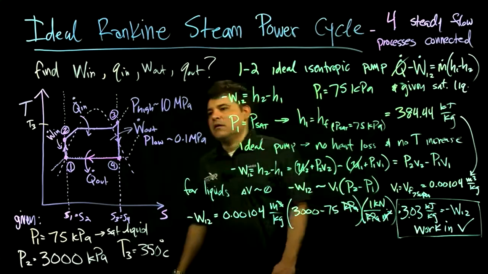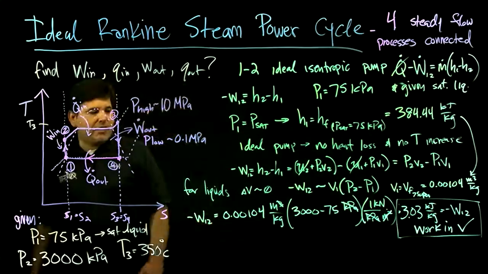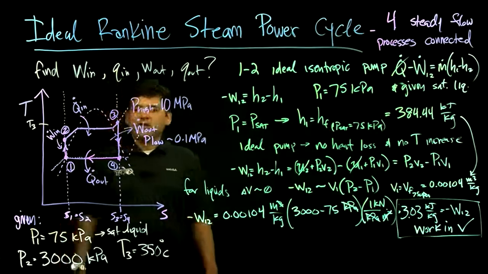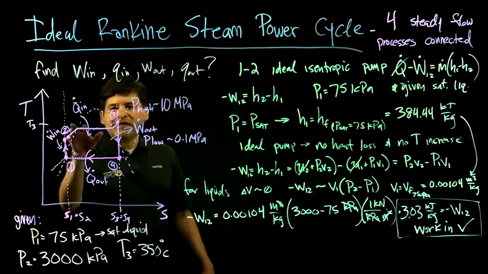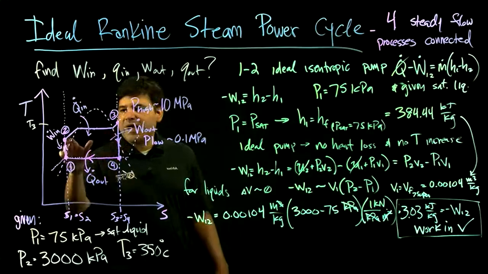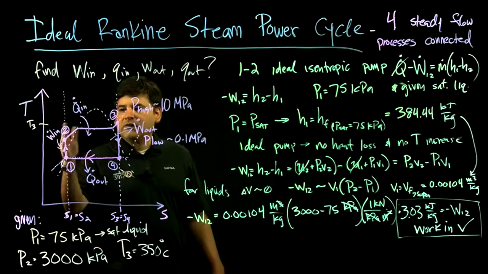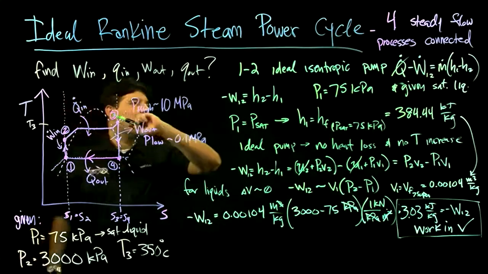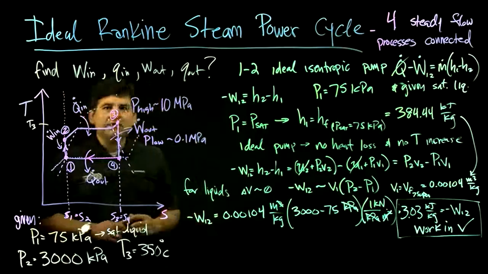Okay, that's good. Now, let's move on to the next stage for a second, and we're going to come back to the first phase process though. So if we wanted to find the heat in, we would apply the first law. So let's go ahead and start that.